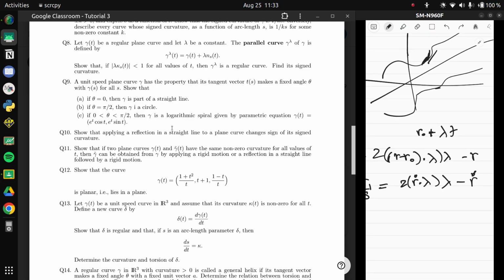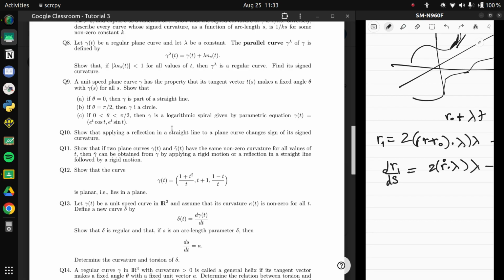Sure, that's fine. What we are interested in is the angles, right? I want to prove that.